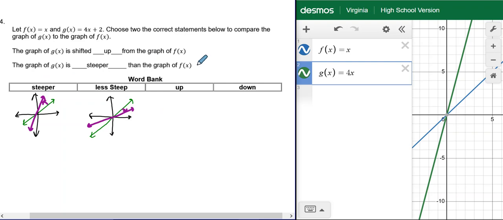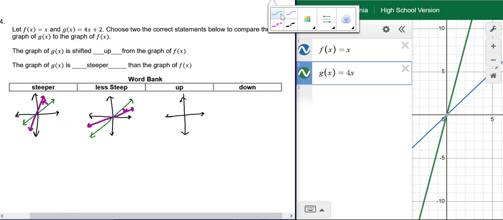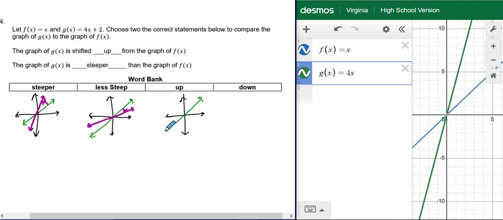It also has another type of shift. The y-intercept goes up. Okay, so that's how you can tell if the graph itself is going up. Even though it looks like it's shifted here and there, the easiest way to find the parent function shifting up is to just look at the y-coordinate.